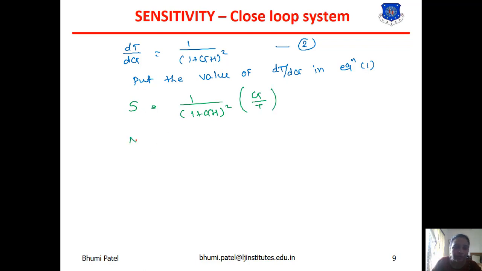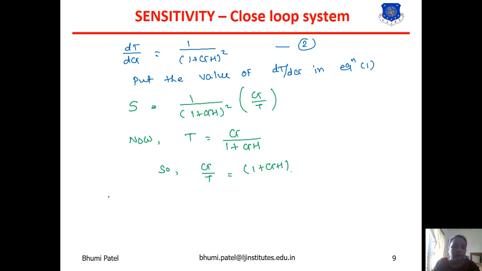Now you already know that T is the transfer function, and the transfer function T is equal to G upon 1 plus GH. So we can write this equation like this: G by T is equal to 1 plus GH.